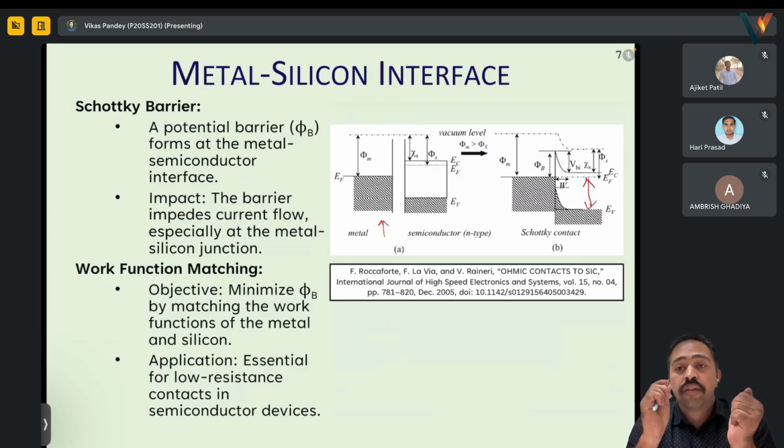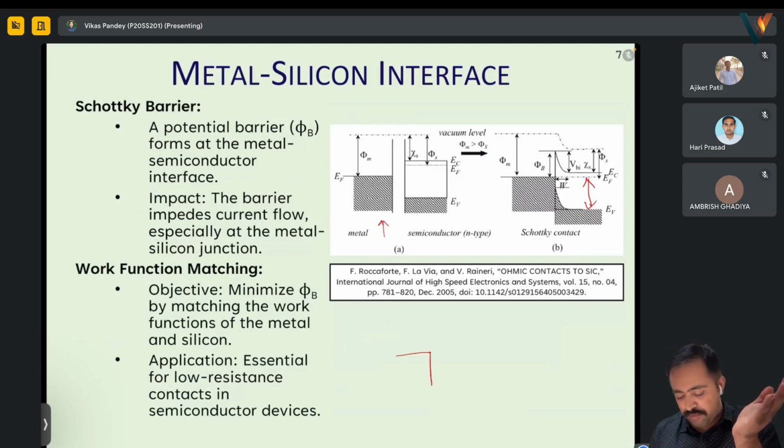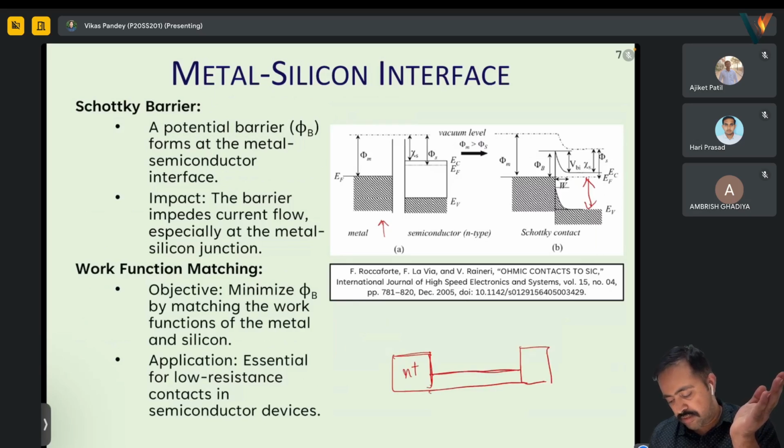This stops the current flow, especially at the metal-silicon junction. So you may have made a device that is not rectifying in nature. Say we have made a device like this, where it is N plus, and we have made a channel inside, N plus, N plus, and here we have a P-type substrate.